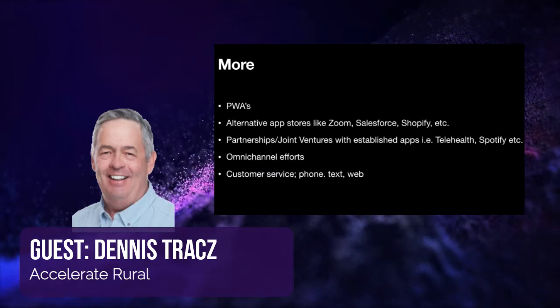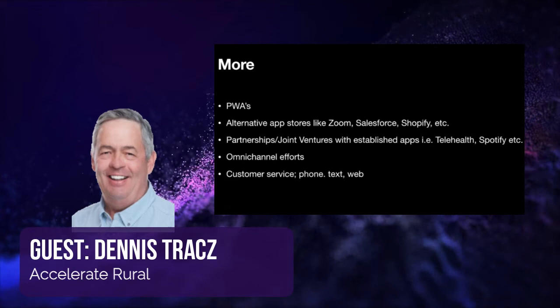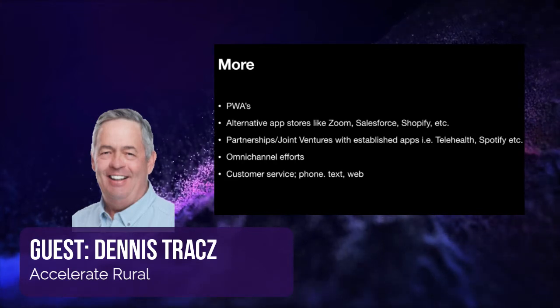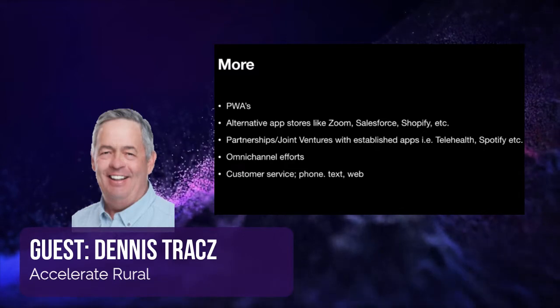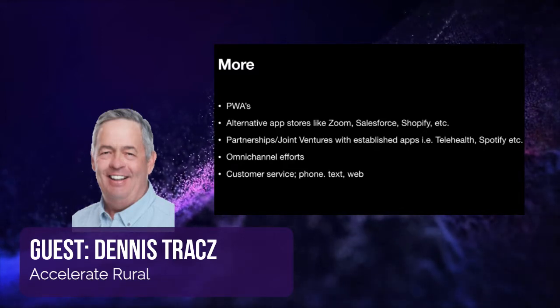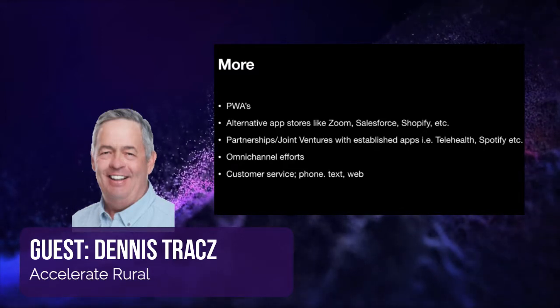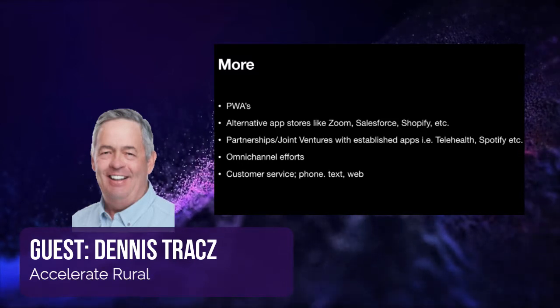And the characteristics of the PWA are that it's very fast like an app. When you click on the screen, it immediately responds, unlike a website per se. It's actually like a little miniature website.